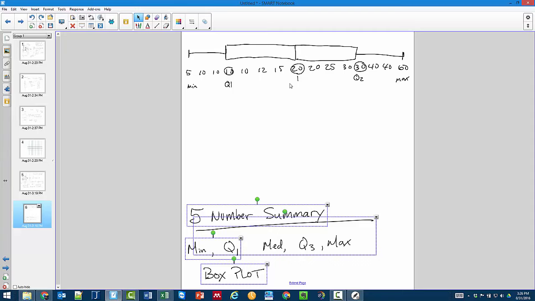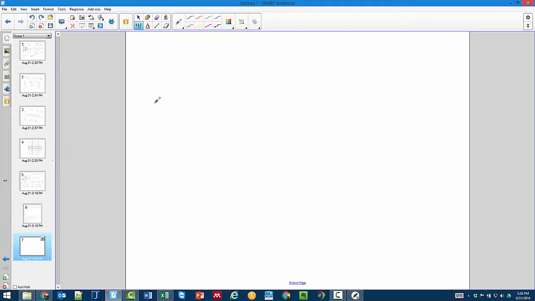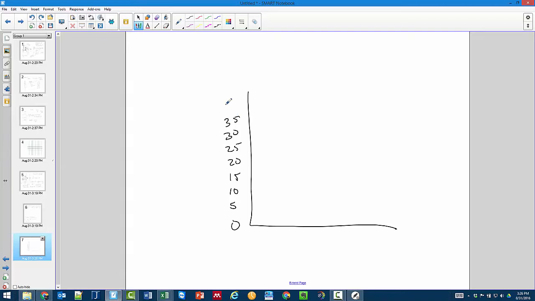So what I'm going to do is just do it on a new page. I'm going from 5 to 60. All right. So I'm going to make a chart that is going to go, here's 0, here's 5, 10, 15, 20, 25. You get the idea. Don't have to count out loud.